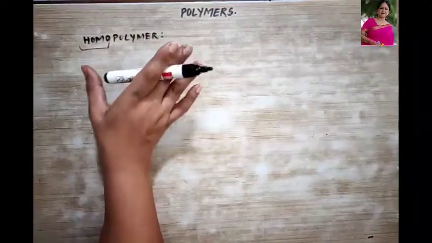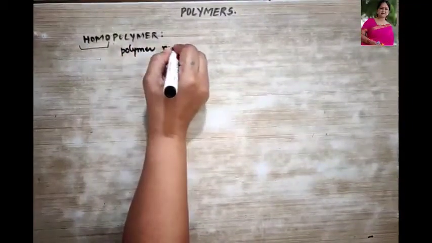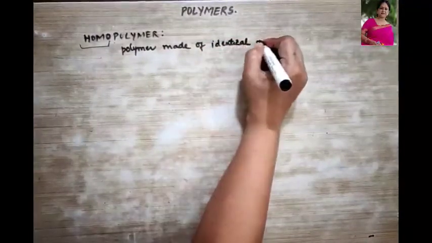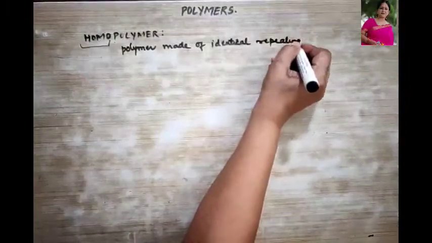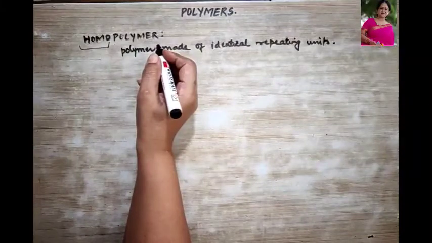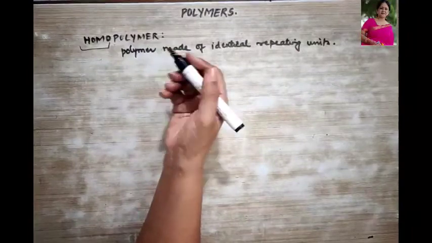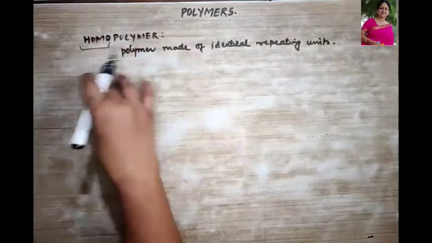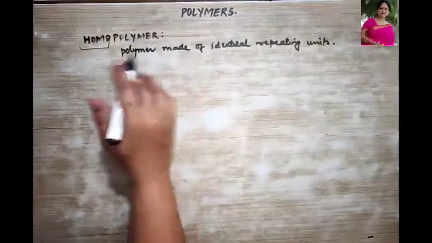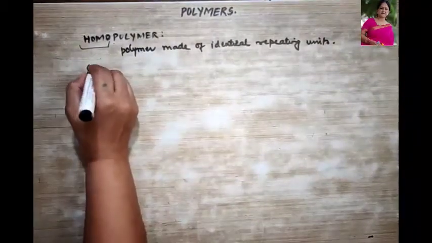A polymer made up of identical repeating units is called a homopolymer. Homo means identical. Polymer, you have already understood. So a polymer made of identical repeating units is termed a homopolymer. The arrangement of monomers may be different from polymer to polymer. Therefore, a homopolymer may have a linear structure, it can have side branching, or it can have cross links also. So it depends. So this is termed a homopolymer. Then we come across copolymer.